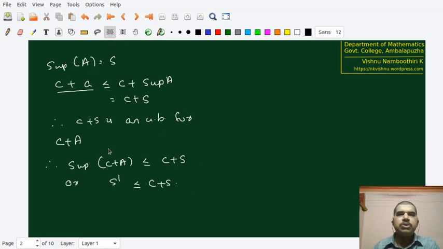We have to show that S prime is equal to C plus S, and for showing that we established one side, that is S prime is less than or equal to C plus S.